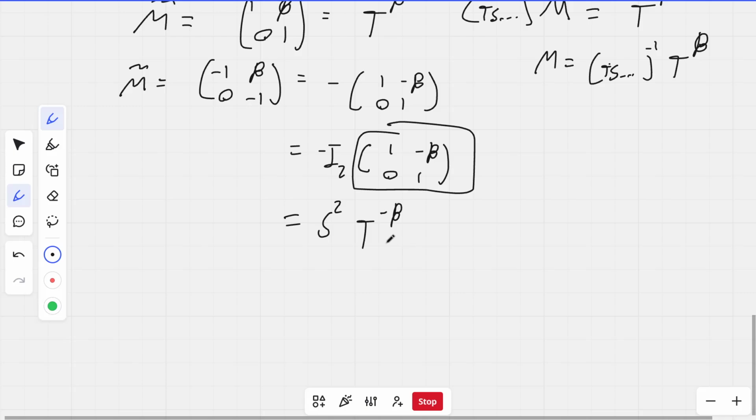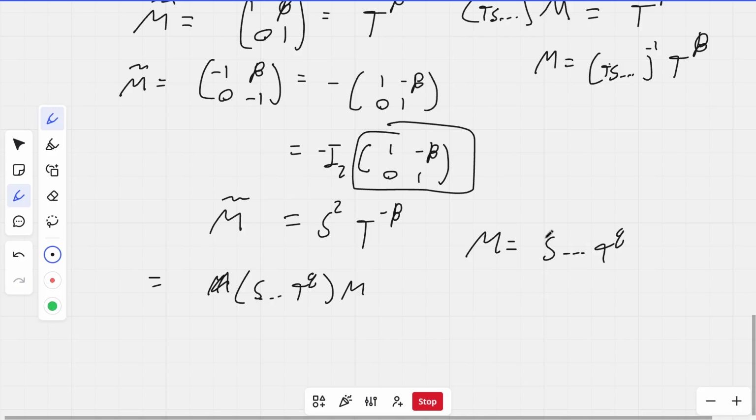And so we have this matrix M tilde equaling S squared times T to the minus beta, but this M tilde is just equal to M multiplied by some powers of S and T. And so if we multiply by the inverse of this, we have M equaling some inverse of this multiplied by S squared T to the minus beta.